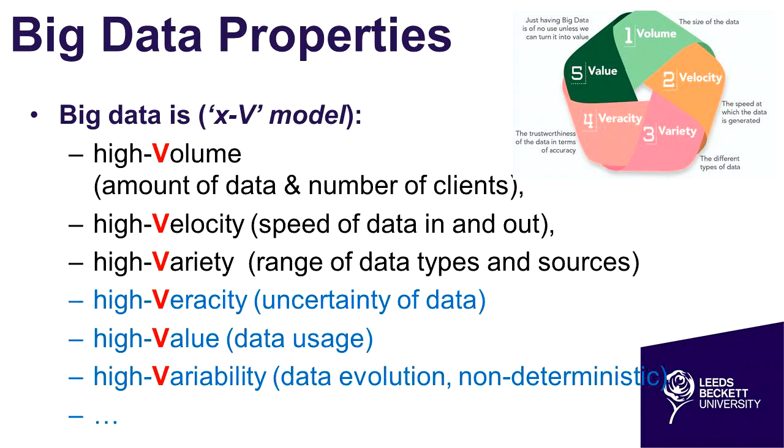High veracity means uncertainty of data. Veracity means how accurate the data is. It's the truthfulness of the data set, right? It's not just about the bulk of the data, but it's also about how trustworthy the source providing the data is.